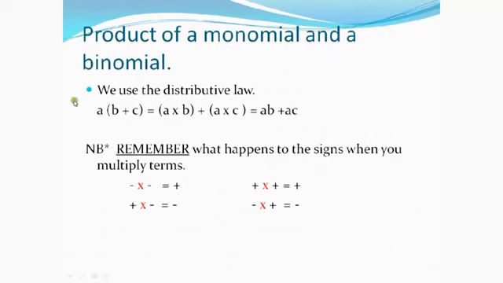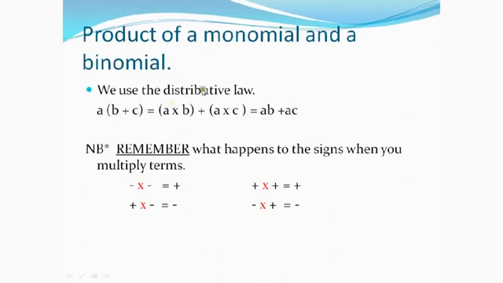Our first lesson, as I have mentioned earlier on, is to find the product of a monomial and a binomial. For all our calculations today, we are going to use the distributive law. I briefly explain it and show it in this example. A brackets B plus C. I will remind you the brackets stand for multiplication.